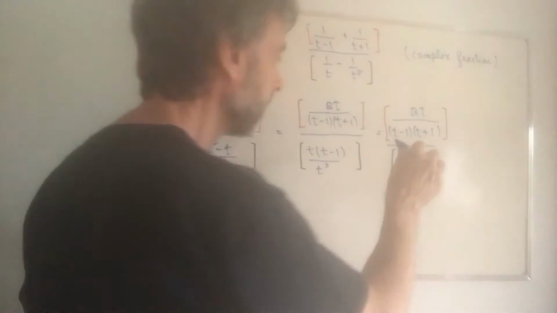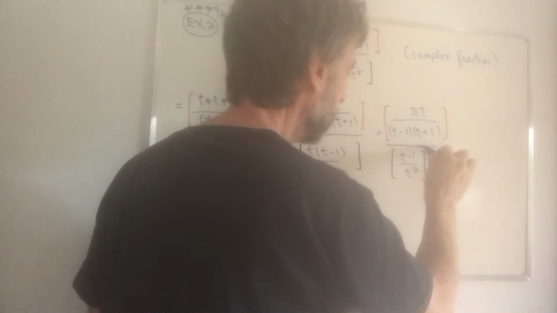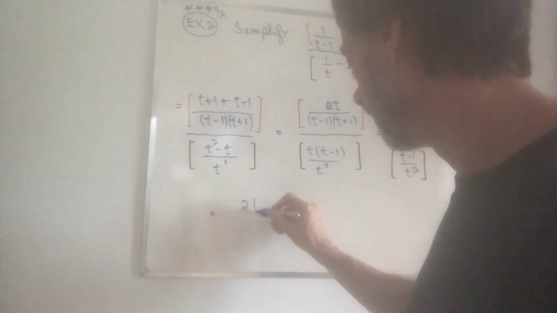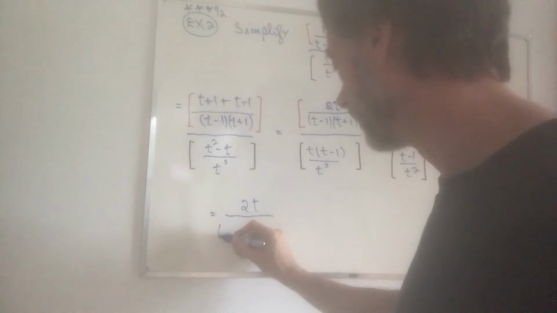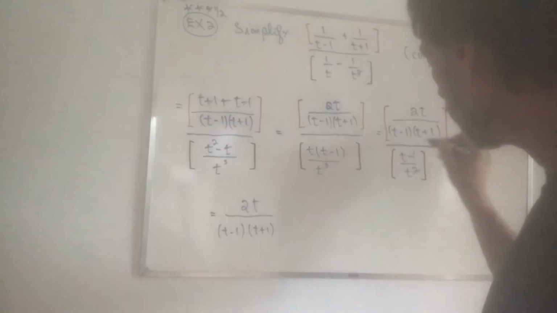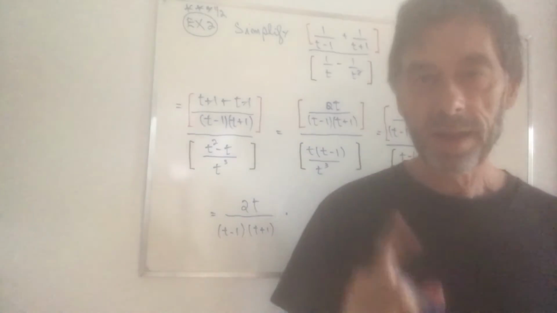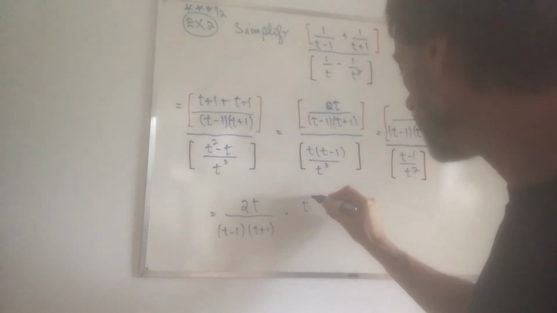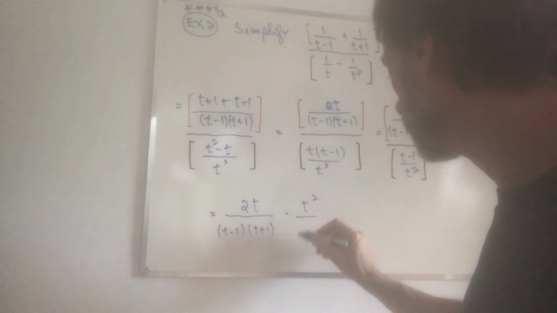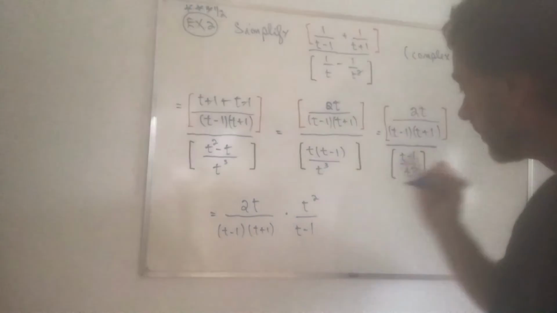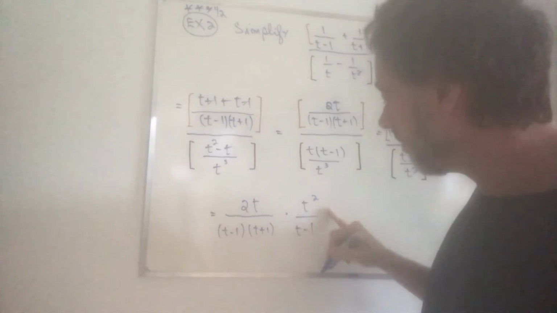What about taking care of this division bar and changing this division to multiplication with the reciprocal? So that would be 2t over t minus 1, t plus 1. And then instead of dividing by this, let's multiply by the reciprocal of the fraction under the division bar. So t squared over t minus 1. You take that fraction, t minus 1 over t squared, and you flip it.